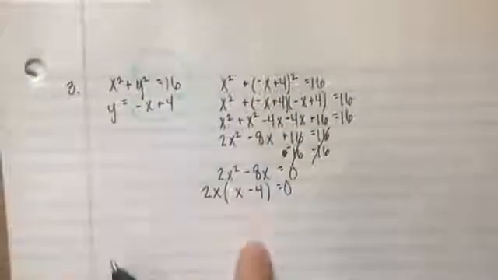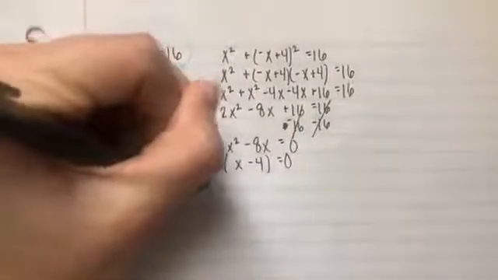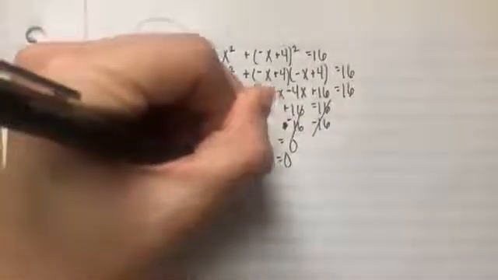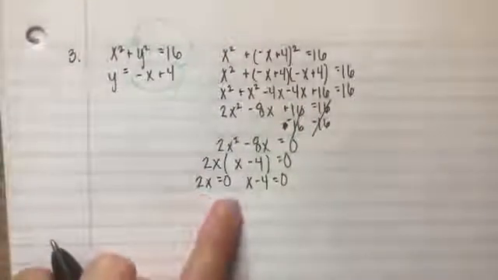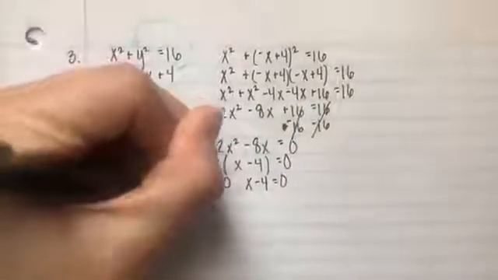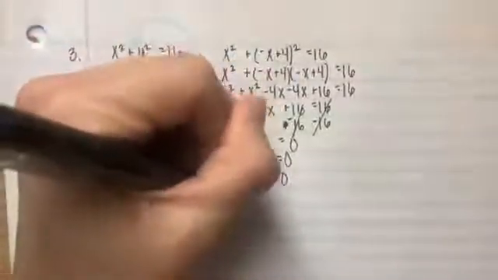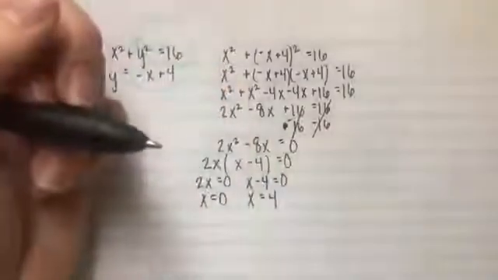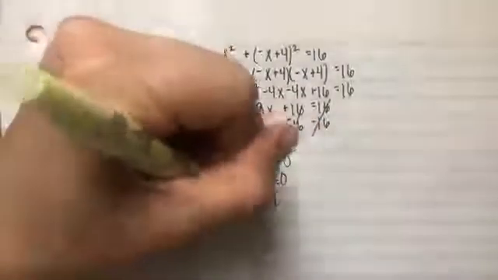And now this can't be factored any further, so now you can set each factor equal to 0. So 2x equals 0, x minus 4 equals 0. Divide both sides by 2 to still get x equals 0. And then for x minus 4 equals 0, add 4 to both sides and get x equals 4. So you end up with x equals 0 and x equals 4.